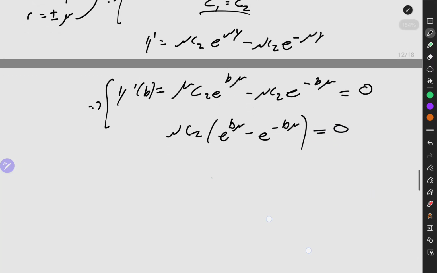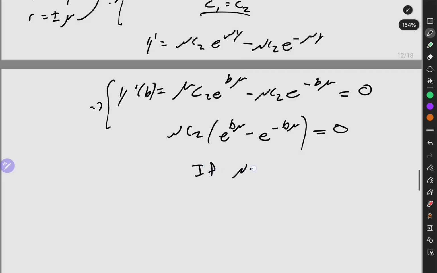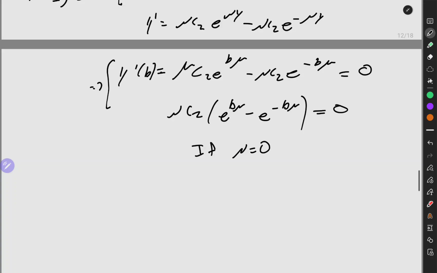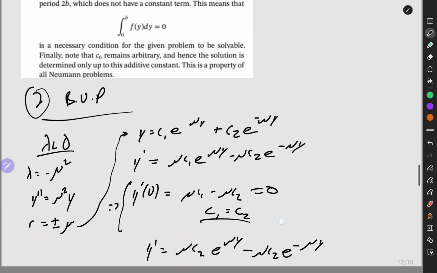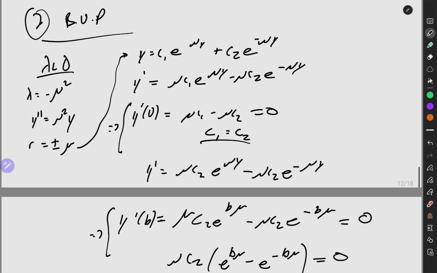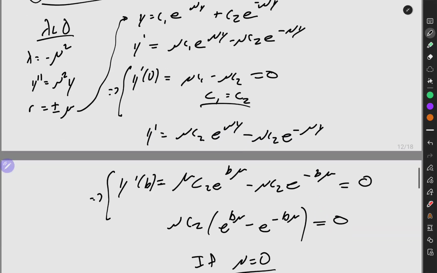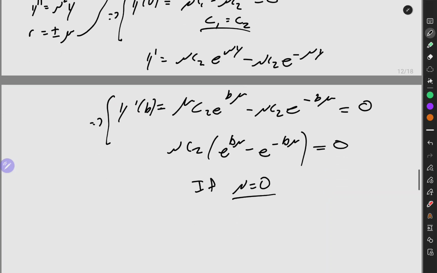So if mu is equal to 0, then this equation would be equal to 0, right? But if this is 0, then lambda is not satisfied because then it's not less than 0. I mean, it is 0, right? Which is not less than 0. So that would not work.